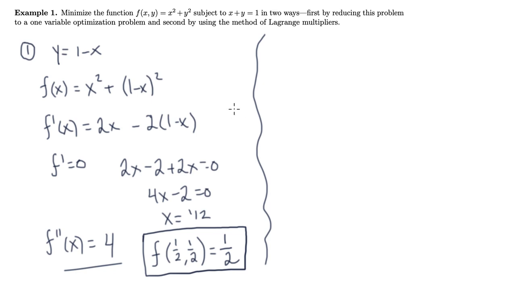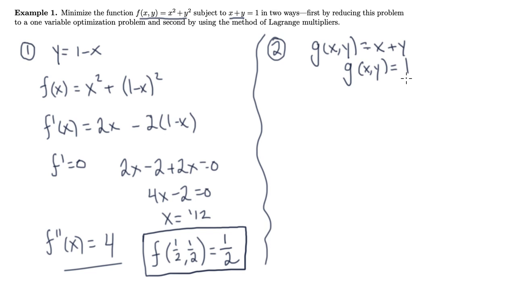But let's see how it goes with Lagrange multipliers. So what we want to do is realize we have our objective function here. And notice that we have this constraint function that needs to be 1. So we have g of x, y is equal to my constraint function, which is x plus y. And we require that g of x, y be 1.